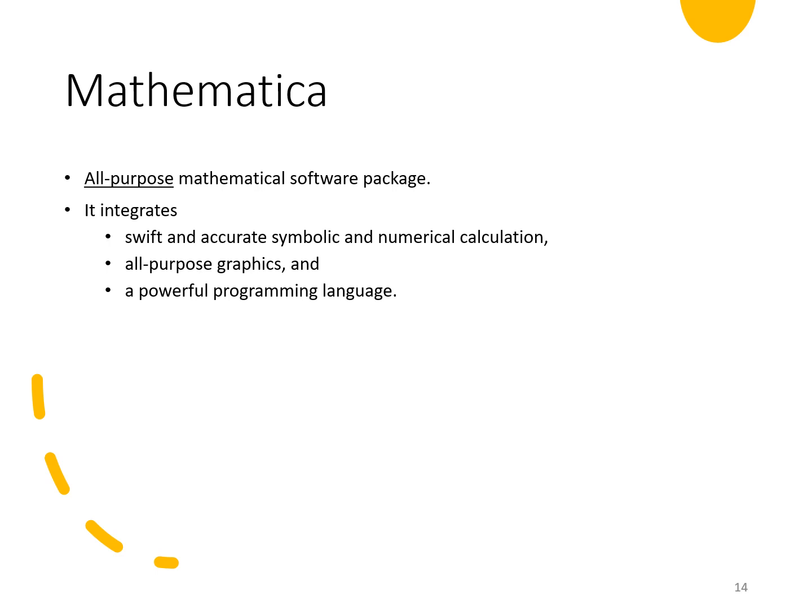This is numeric. X square plus 2x equals something. This is symbolic. Get the idea? It also has all-purpose graphics, so you can generate a lot of graphs, pictures and so on. And it's a powerful programming language, so you can develop your own program.